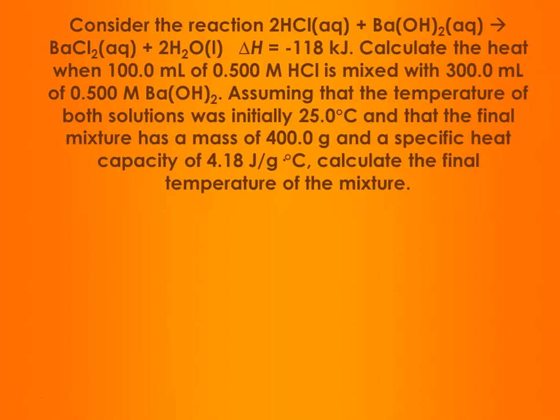I'm going to come back to the rest of that shortly, but we're going to focus first on the amount of heat that's released when this particular amount of hydrochloric acid is mixed with this amount of barium hydroxide. We just got done doing stoichiometry problems, and we know that if you have different amounts of your reactants, that can influence how much of your product can be generated.